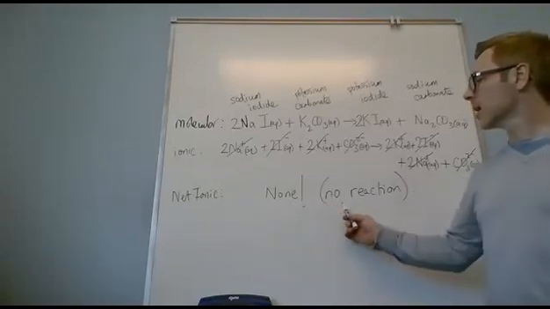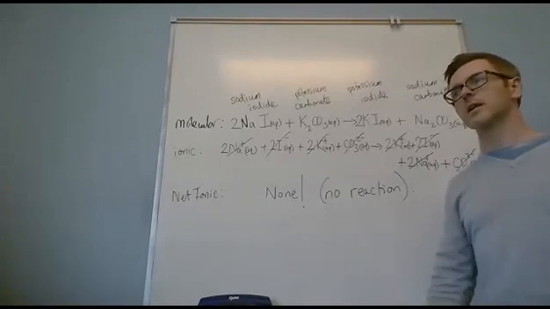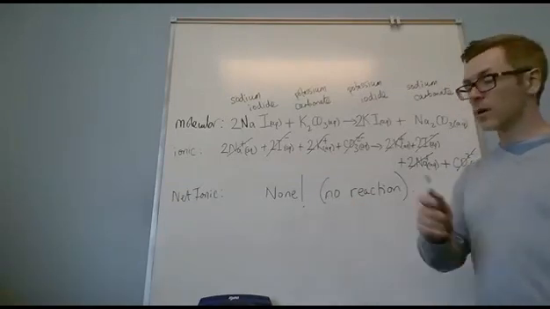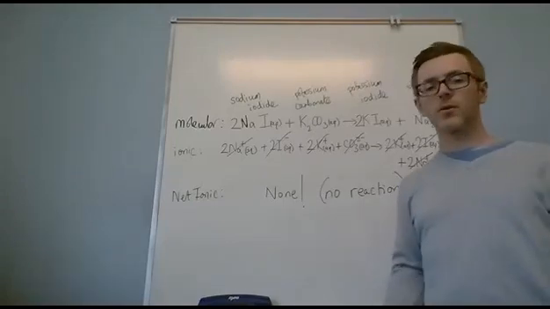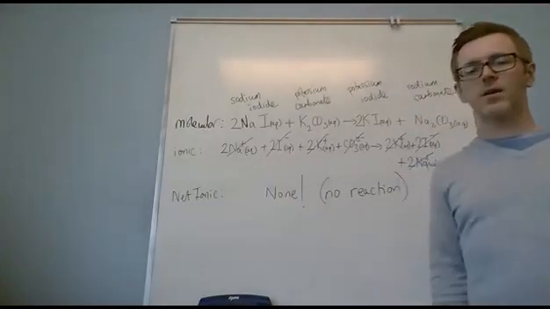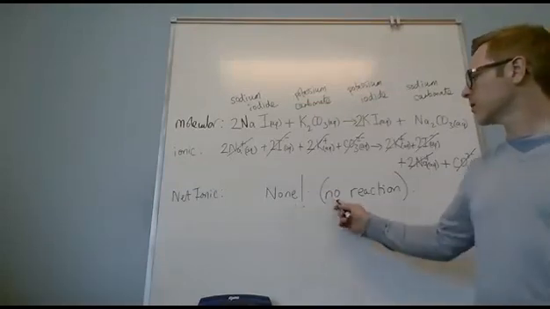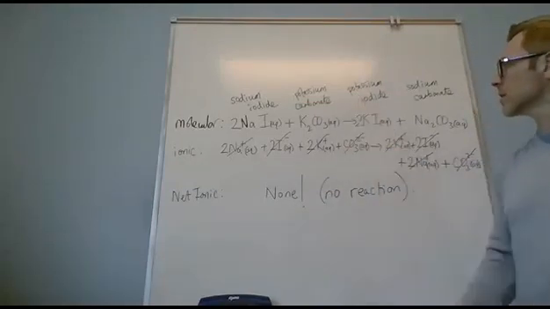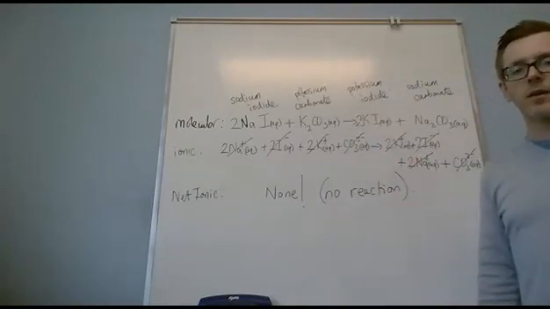So sometimes you can write something that's not real. One of the ways that you know it's real, not the only way, but one of the tests for a real chemical equation is it must have a net ionic equation. Here we have none. This is not something that exists. This is a bag of ions that do nothing.